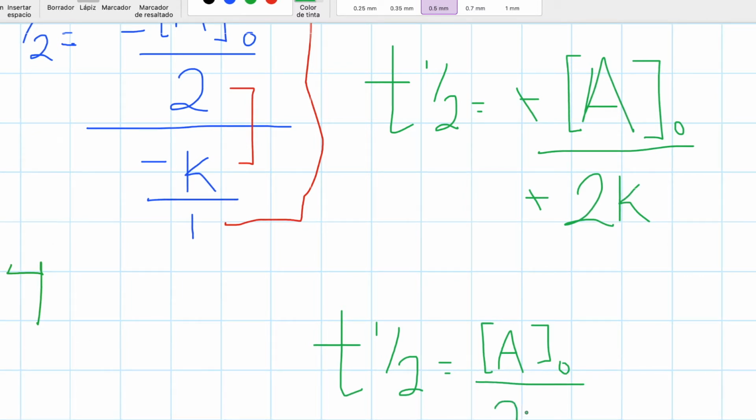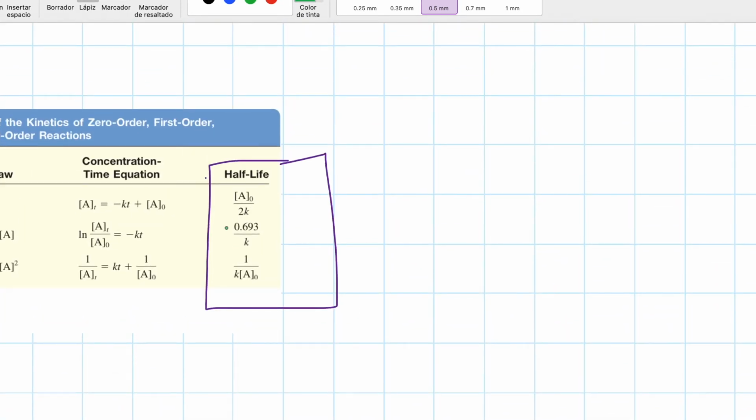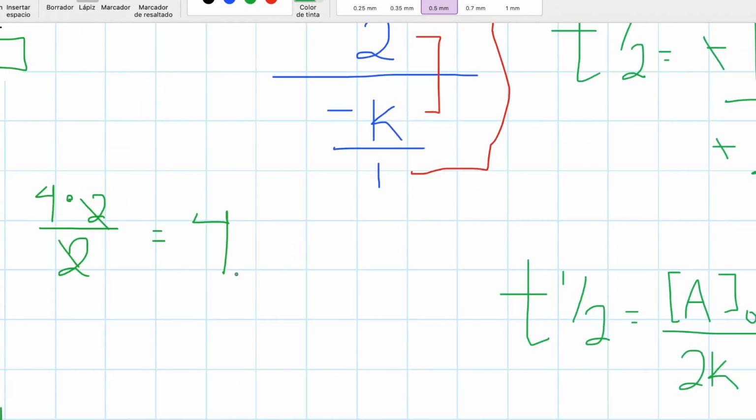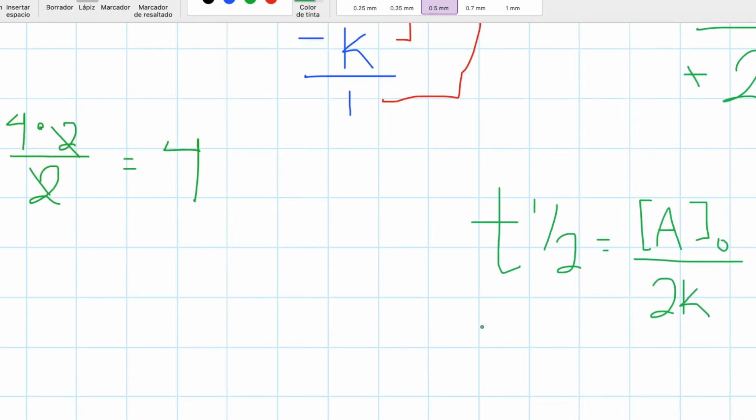Let's see if this is true. Let's go to the table. Yeah, there we go. Now you know how we got the half-life equation for the zero order reaction.